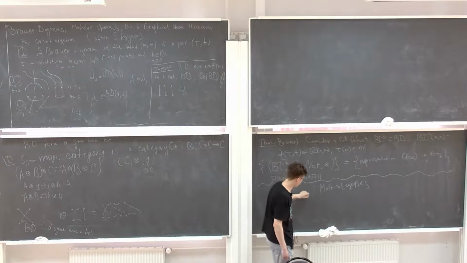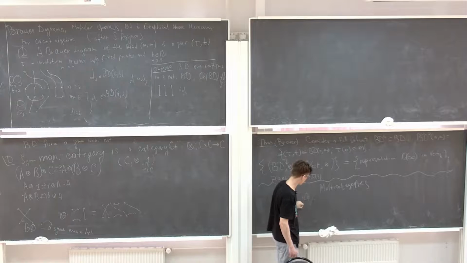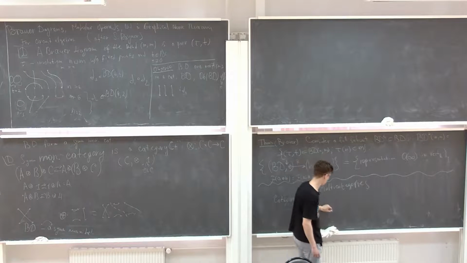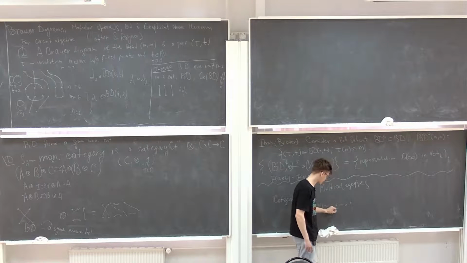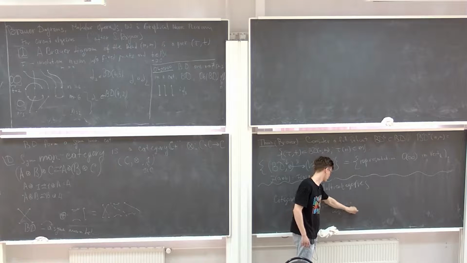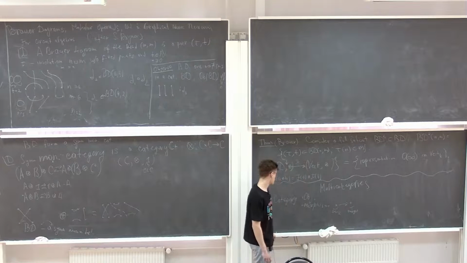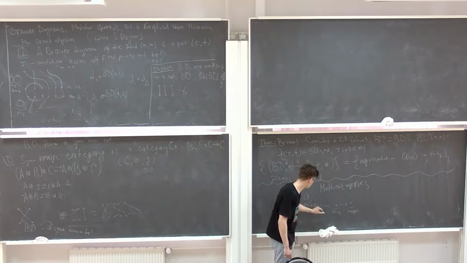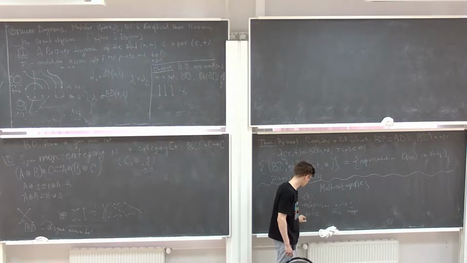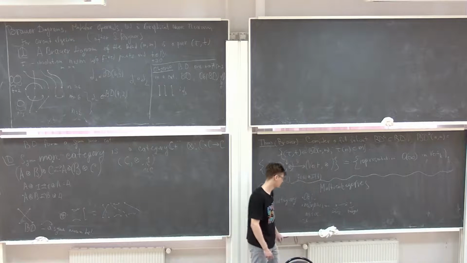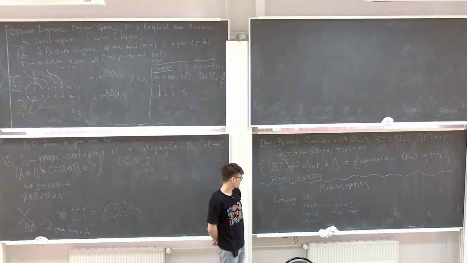It consists of objects and morphisms. Morphisms have one source and one target. Well, the morphisms satisfy associativity law, and there are unit isomorphisms.